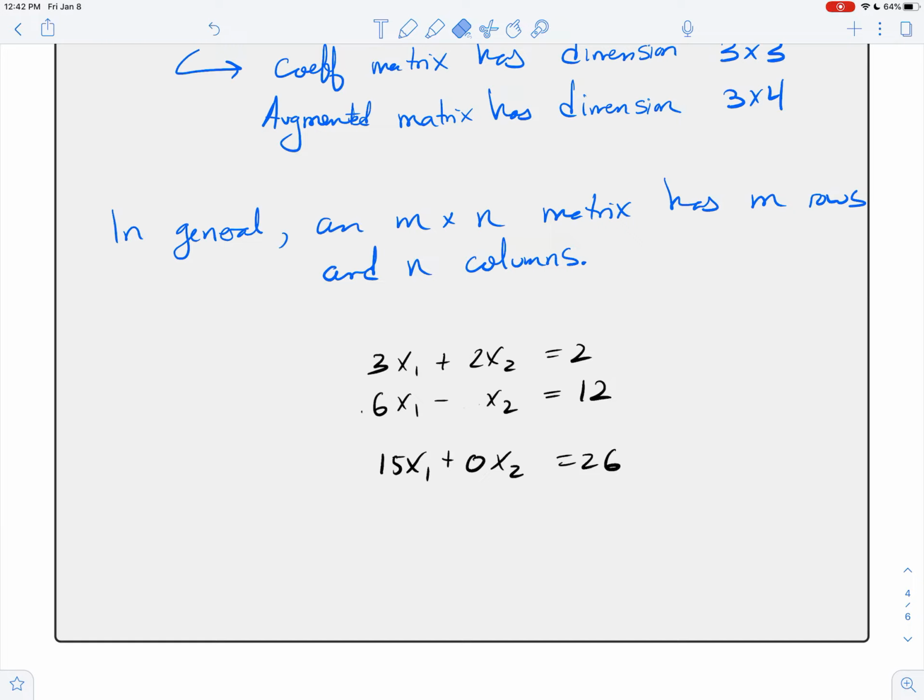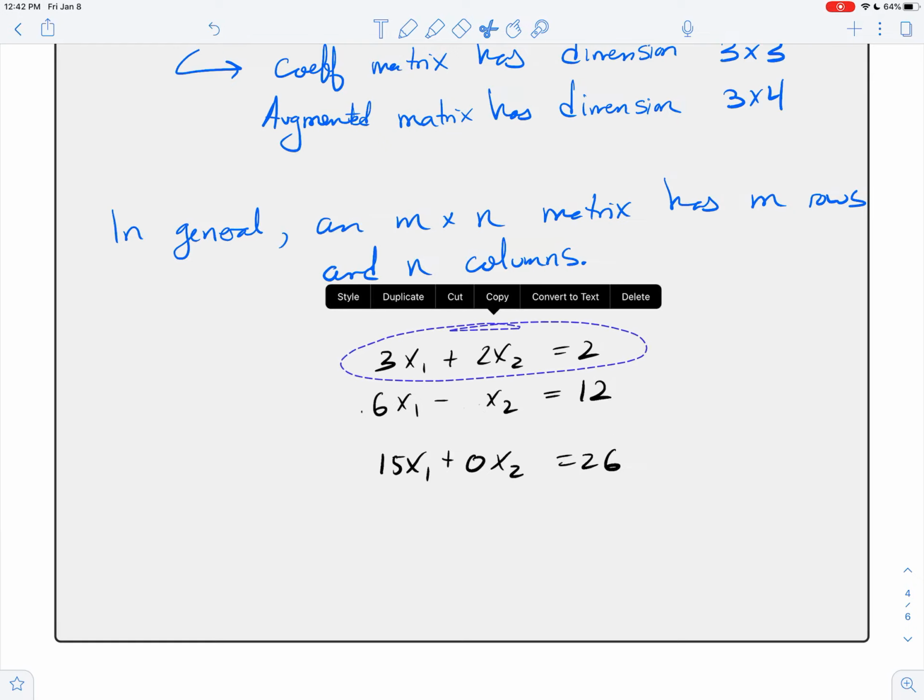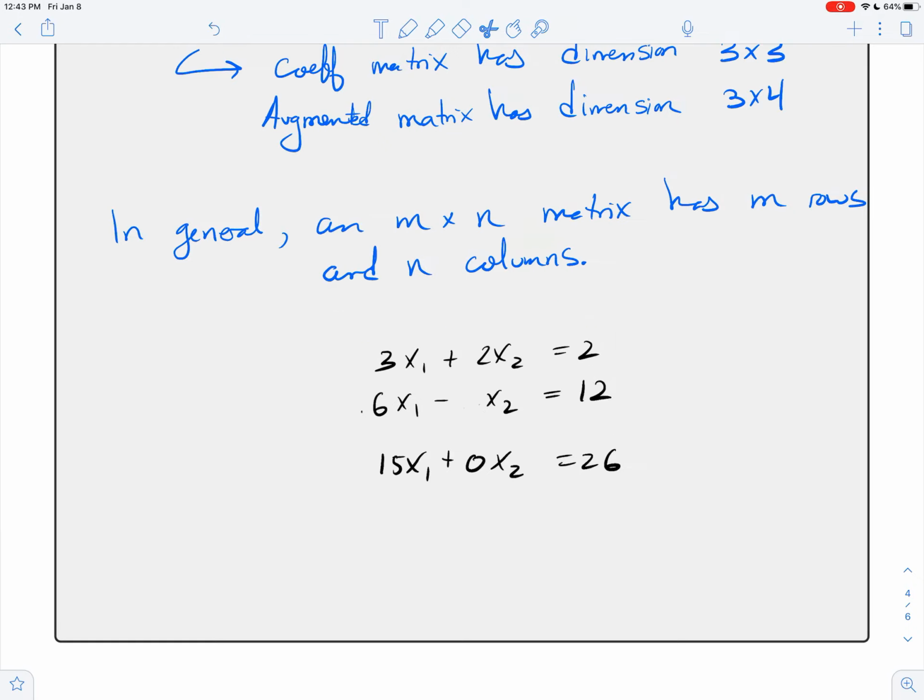You can obviously switch rows easily enough. It doesn't change the system at all if you decide to write this equation first or second. So you're allowed to change the order of the equations. We know from experience working with these equations that, at least for 2x2 systems, you can multiply an equation by a non-zero number and that doesn't change it.